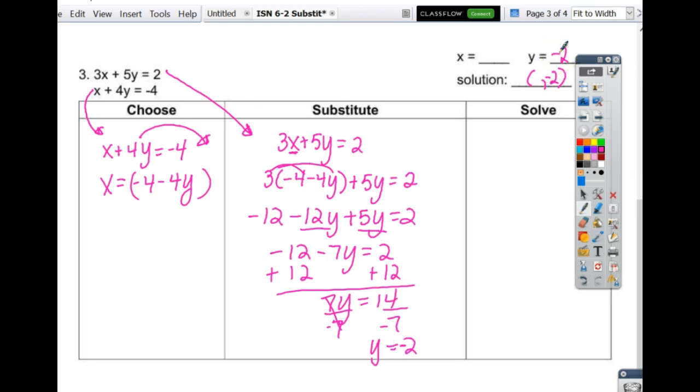So then we're going to take this negative 2 and put it back over here to find my x. And when these are written side by side, do I take negative 4 minus 4? You have to multiply first, right? So I'm going to take negative 4 plus 8. So x is a positive 4. So these two lines cross at 4 and negative 2.